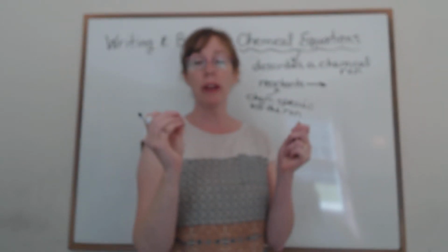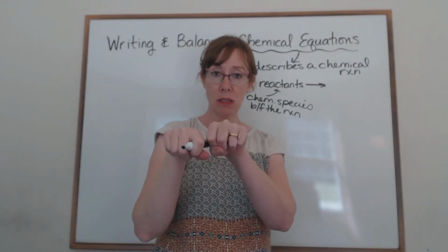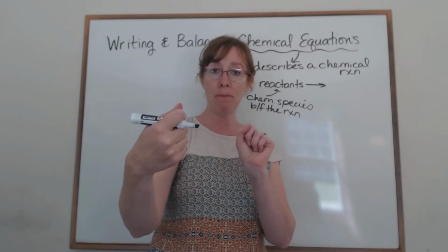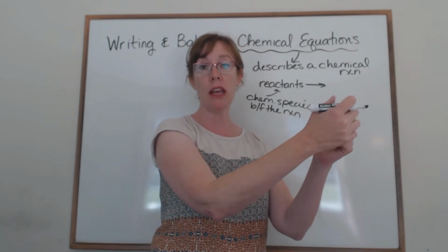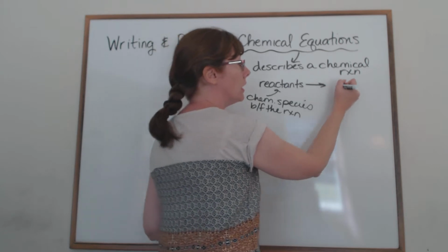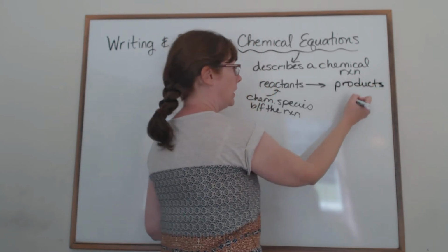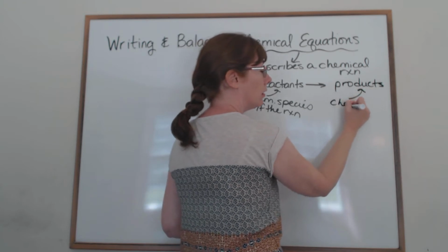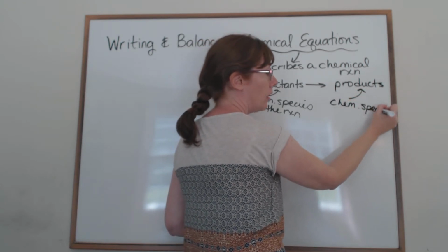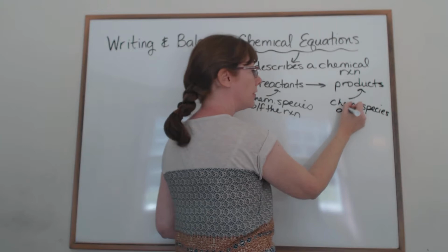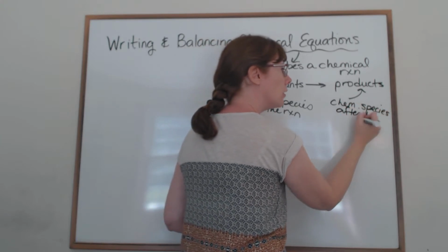And once again, a chemical reaction just means that atoms that used to be joined together will split up and rearrange with new partners, and you'll create new things. And those new things are called products, which is the chemical species, the types of compounds that you have after the reaction.